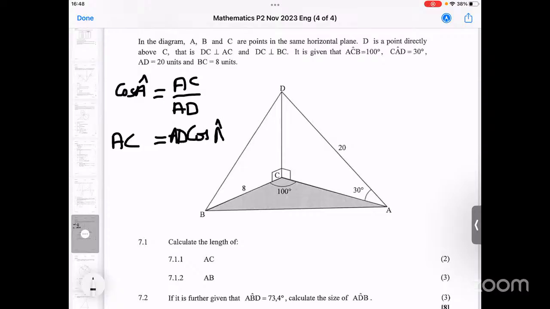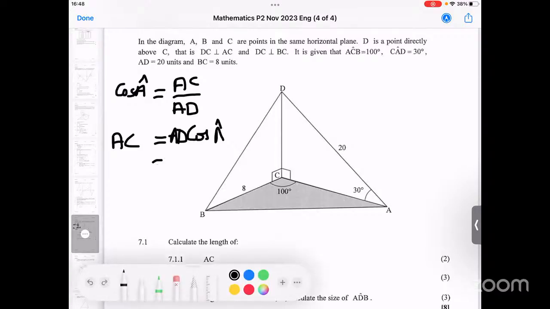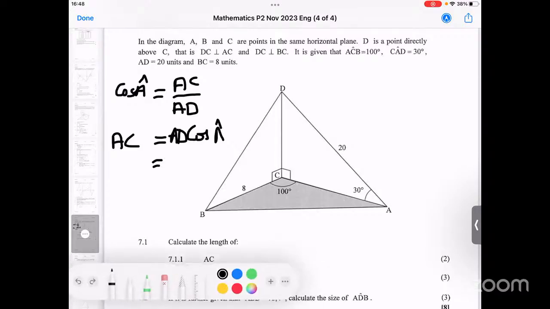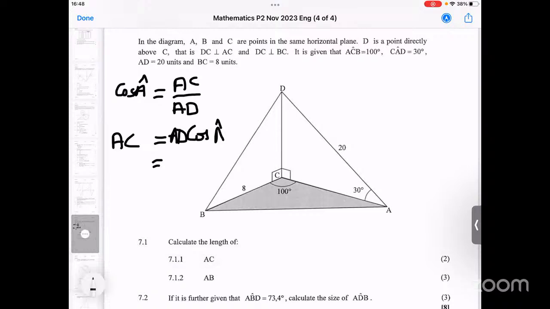Then it would be 20 times square root 3 over 2. Did you mention a square root? Yes, sir. Which is cos 30. Okay, I see.